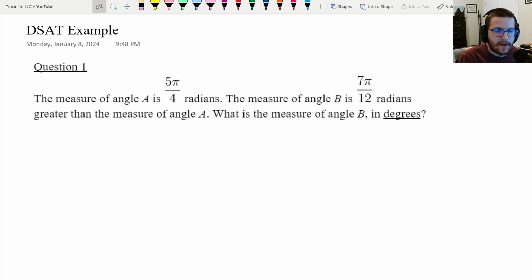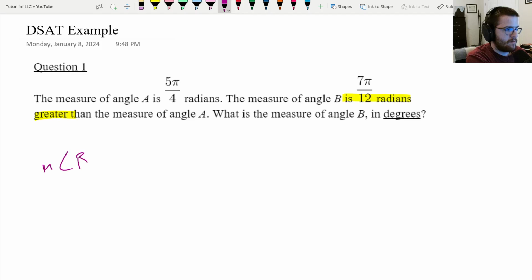Okay, here's a slightly modified example from a Blue Book app exam that applies all these ideas we were just talking about, and you can see how much easier knowing how to use your calculator makes it. So first, the keyword here: angle B is 7 pi over 12 radians greater, so that means it's bigger.